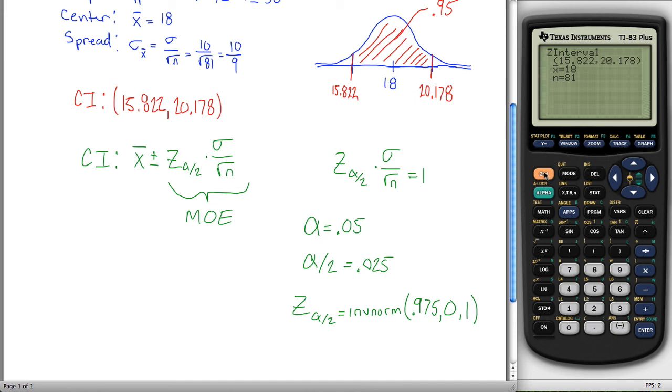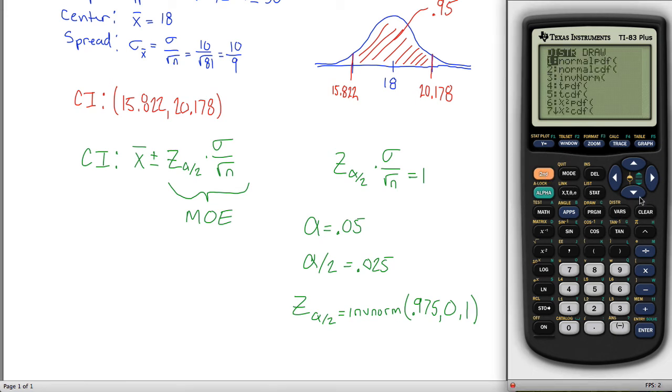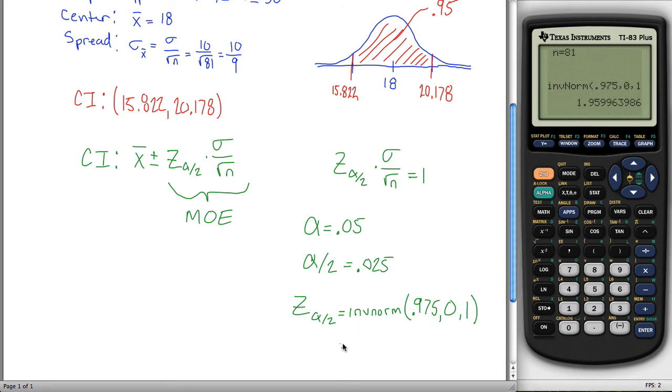Inverse norm is a function that's under distributions, which is above variables here. If you go down to inverse norm and you hit 0.975, comma 0, comma 1, it's going to tell me that z sub alpha over 2 is equal to approximately 1.96. And now I have all the information I need.